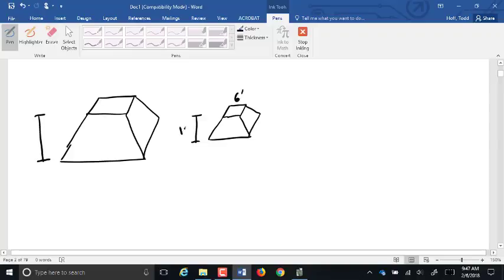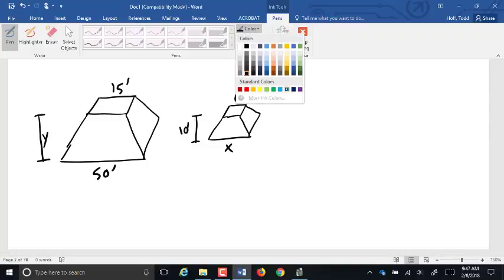We're going to call this here 10 feet. And this one down here we're going to call 20 feet. Screw that. We'll call that X feet. This one here we're going to call 15 feet. This we're going to call Y feet. And this we're going to call 50 feet.